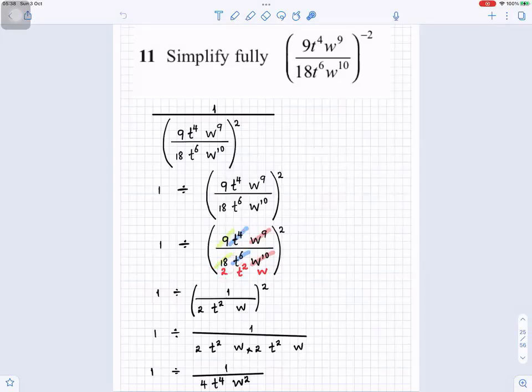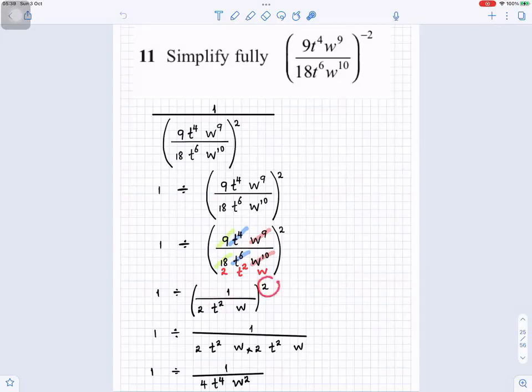T to the 4, 4 of them will cancel below. You're left with t squared. W9 over W10, 9 of them will cancel, then you're left with 1 over w. So you have 1 divided by (1 over 2t squared w) to the power 2.